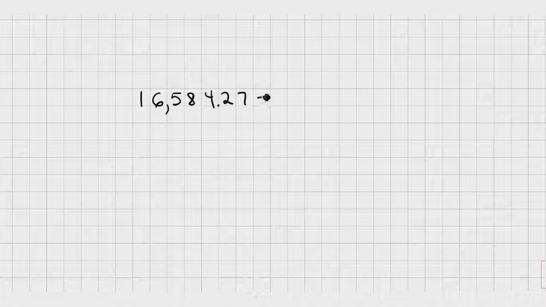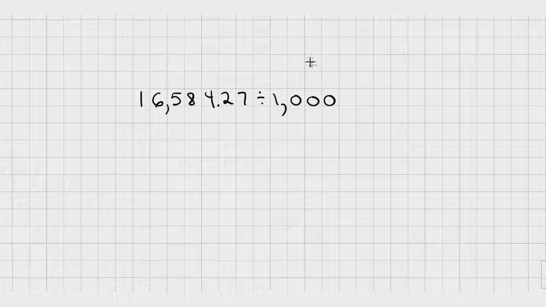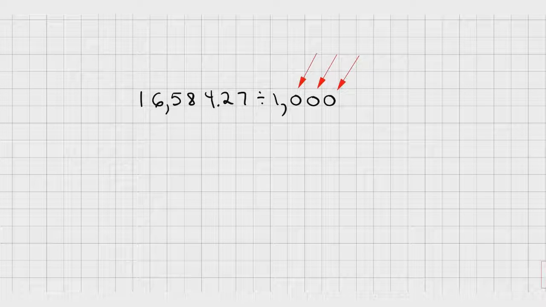We said we have 16,584 and 27 hundredths divided by 1,000. We first count how many zeros we have. We have 1, 2, 3. So that tells us we need to move the decimal 3 spaces.